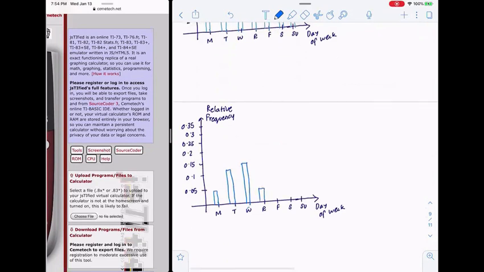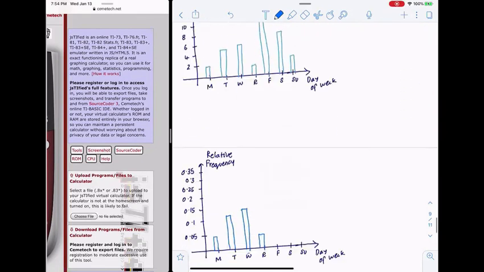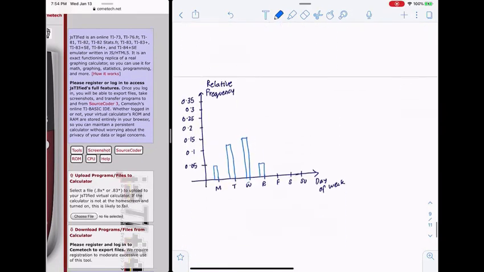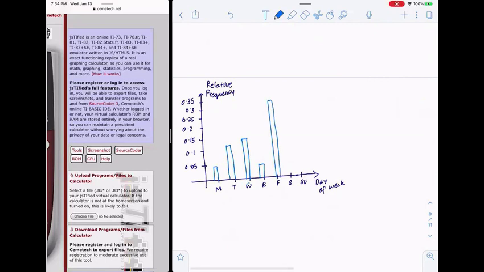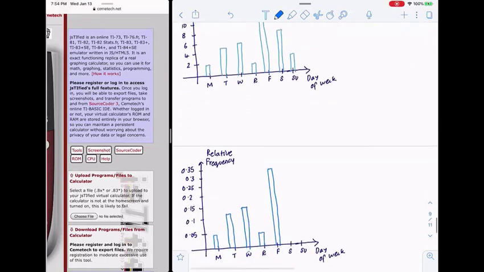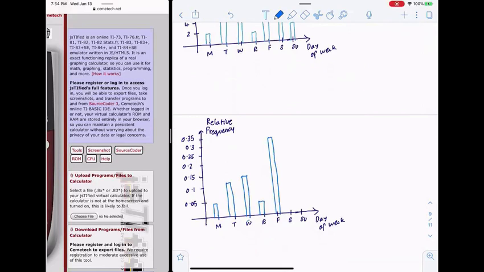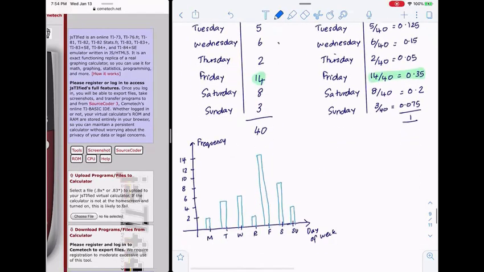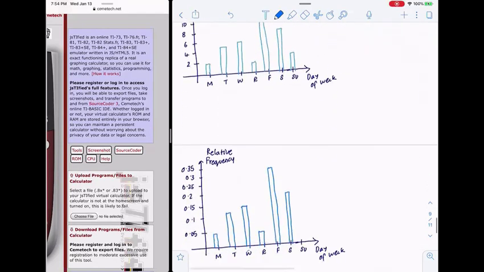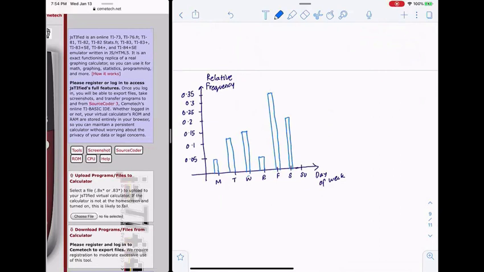Friday, 35%. Saturday, 20%. Sunday, 7.5%. So that simply is the relative frequency bar graph.